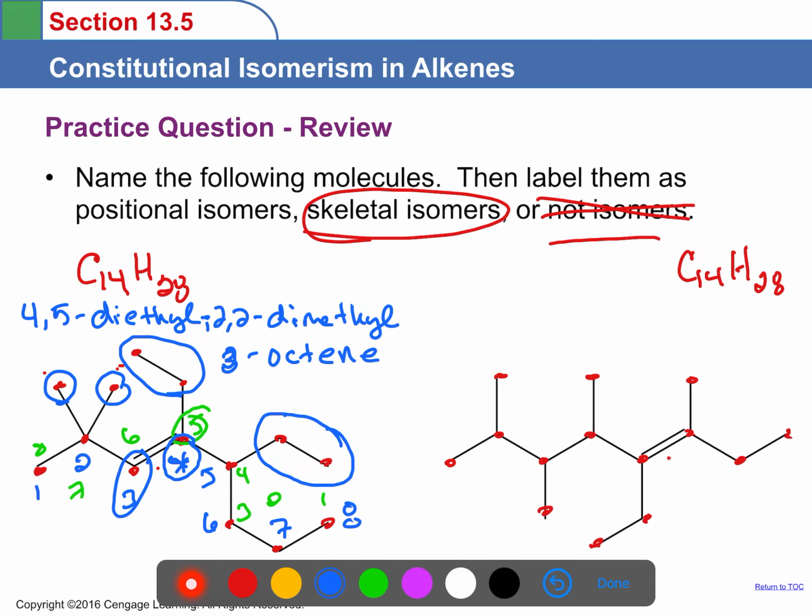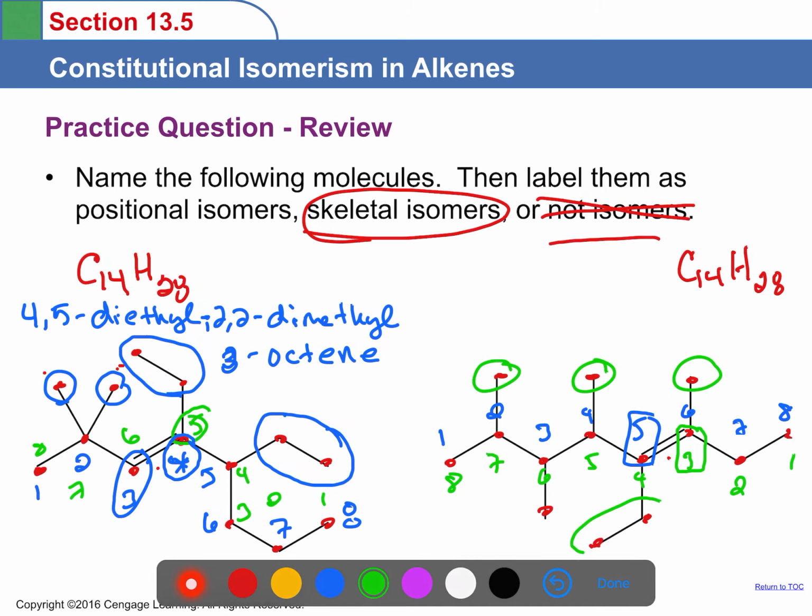This last example, if I go left to right versus right to left, green puts the lowest double bond on 3, blue would have put it on 5, so green wins. I have 3 methyl groups and 1 ethyl group, so ethyl is listed first.